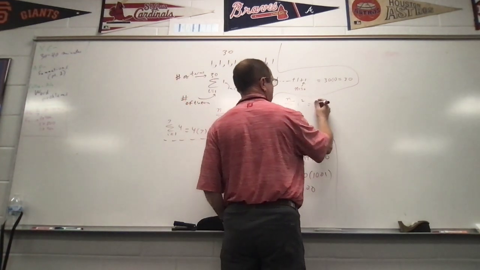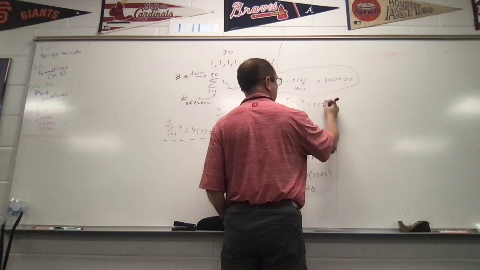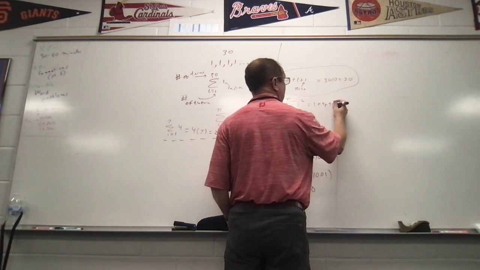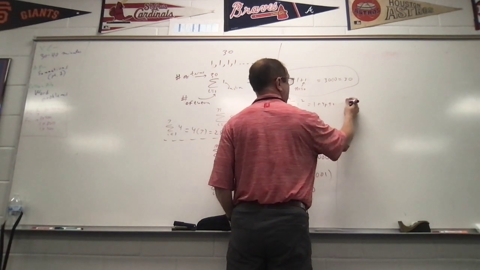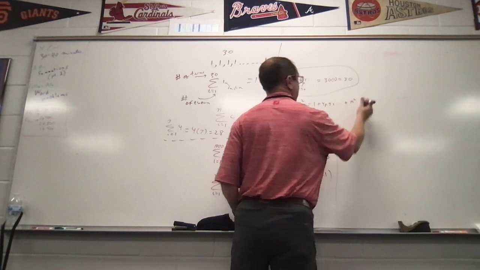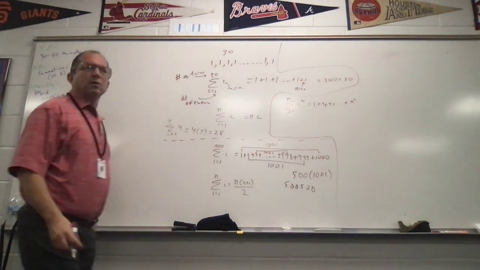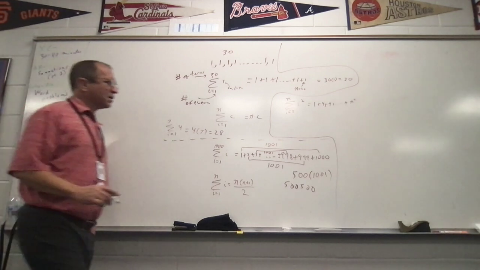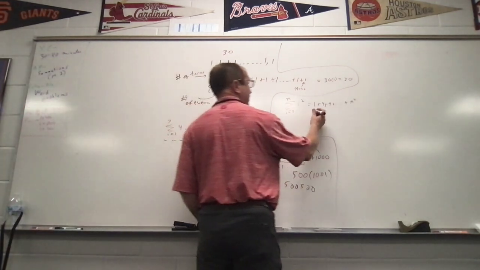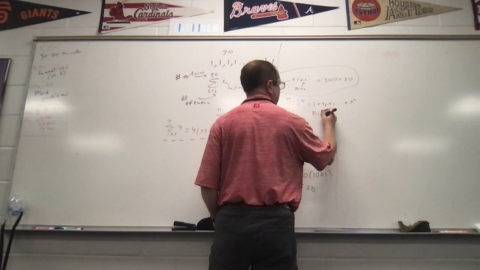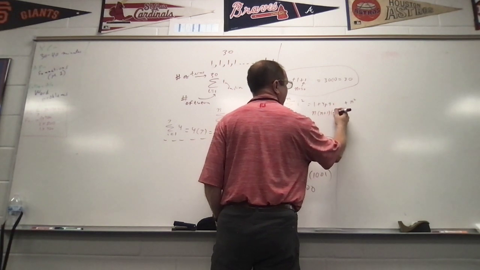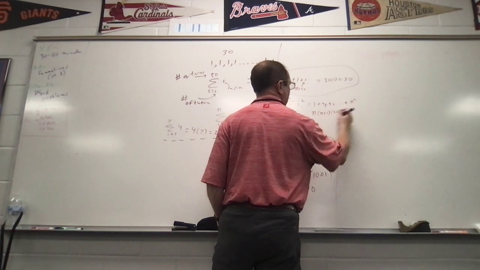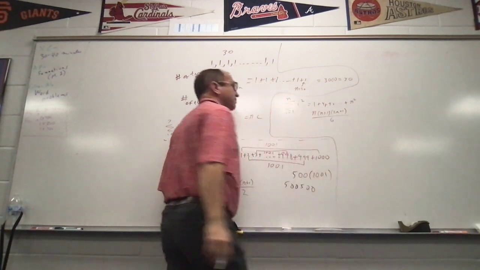We could start off with 1 plus 4 plus 9, right? And then somewhere out here we get an n squared. We want to look at what the sum of that is. The sum of this is represented by n times n plus 1 times 2n plus 1 all over 6.